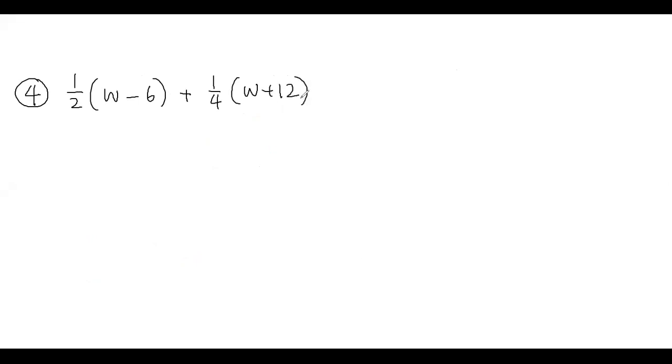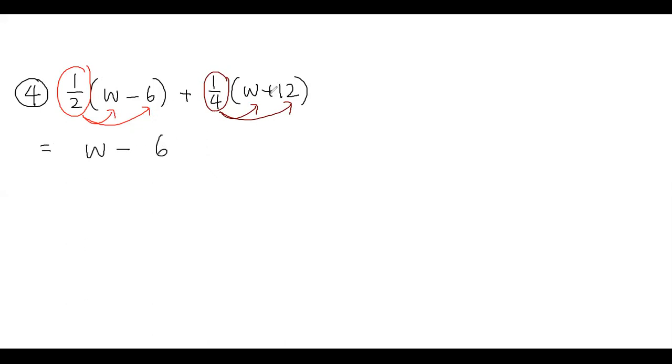But now we have to distribute 2 times. Got to distribute here. And we've got to distribute here. So how do I distribute? I want half of everything that's inside this group. I still want what's inside this group.